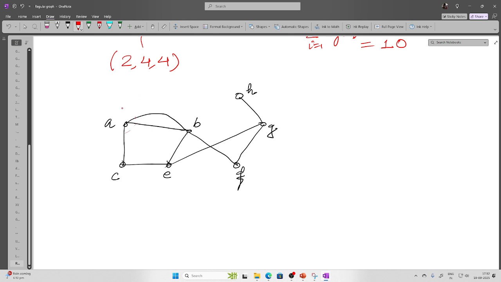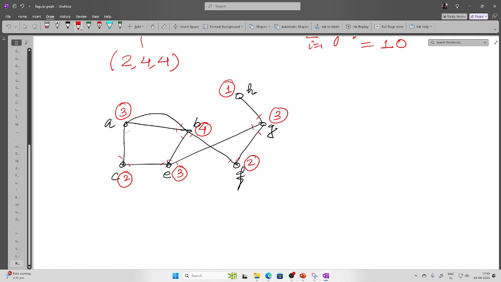This is 1, 2, 3, so this has degree 3. This is 1, 2, this has degree 2. This is 1, 2, 3, this has degree 3. This particular vertex is 1, 2, 3, 4, so this has degree 4. This vertex has degree 2. This has degree 3. And this is a pendant vertex having degree 1.